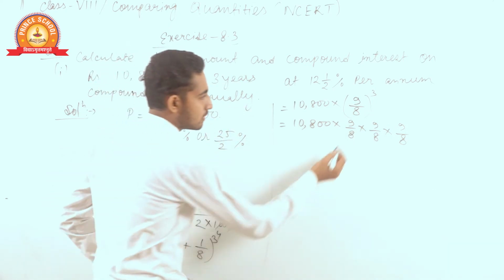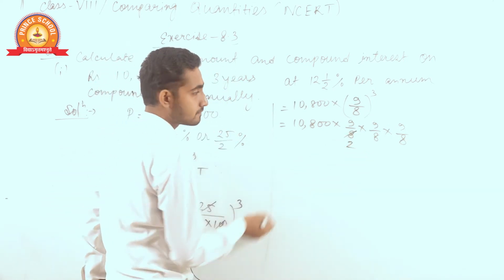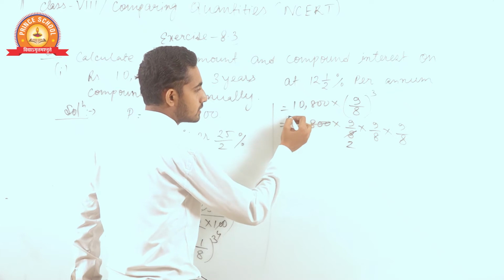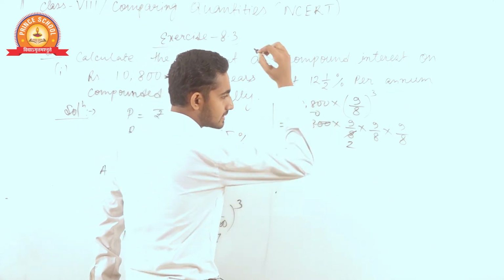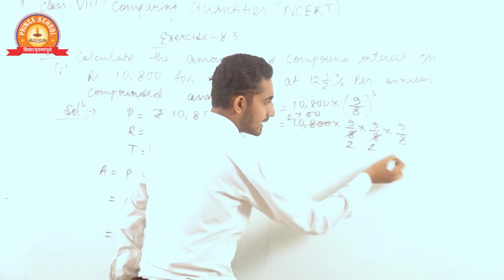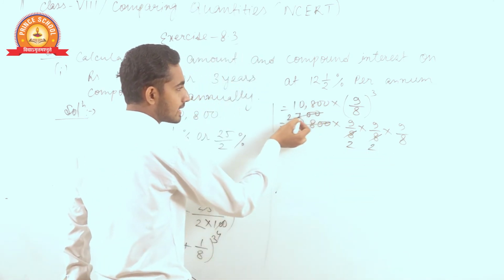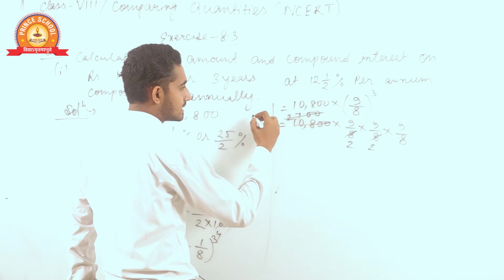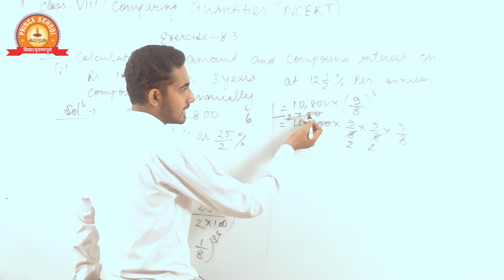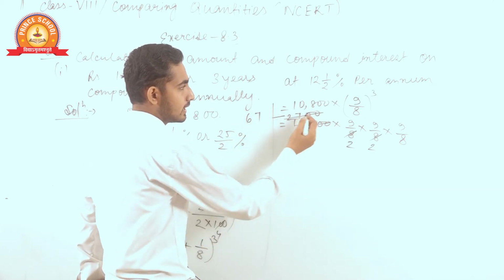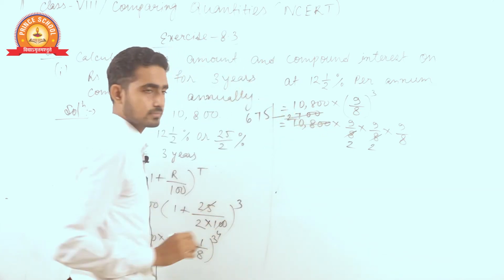Now cancel out. 8 divided by 4 gives 2, then cancel out again by 4, 4 sixes are 24, 4 sevens are 28. Got it?